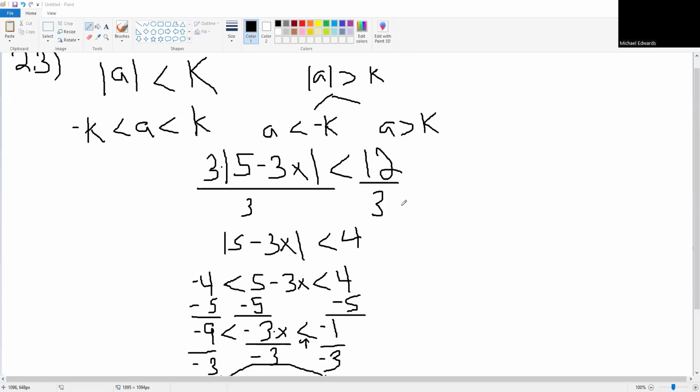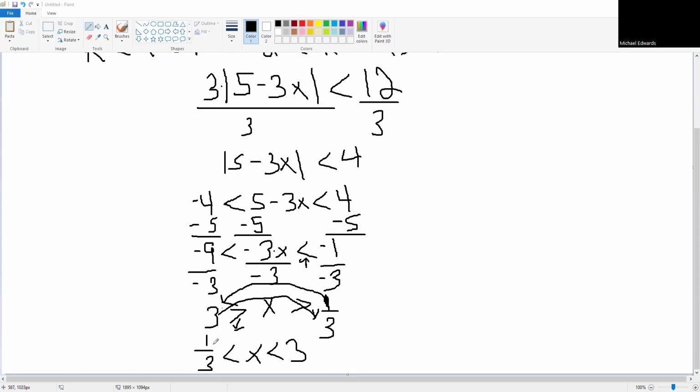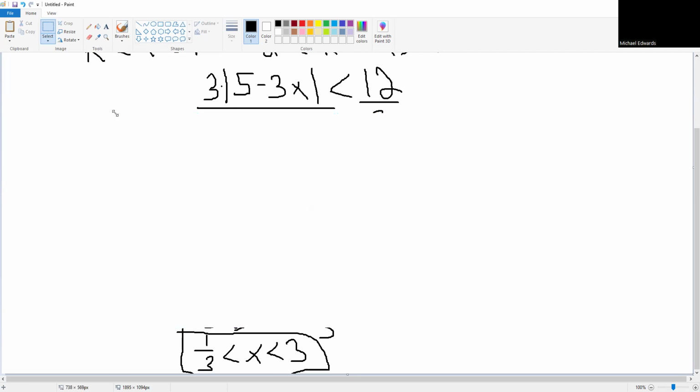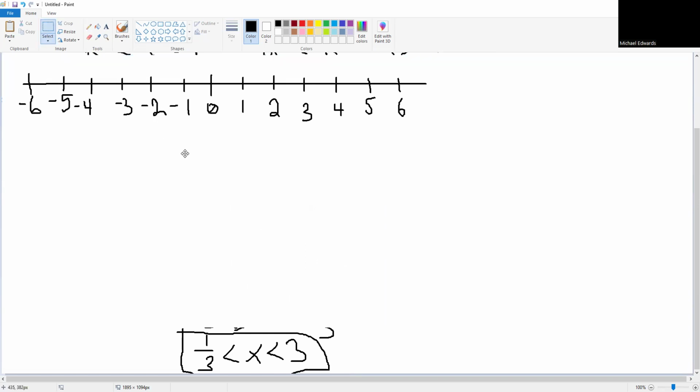All right. So we did all that to figure out that this is what we're going to be working with. So the first thing we need to do is graph that. So let me just get rid of all this extra here. Let's start up here. Let's graph this thing.